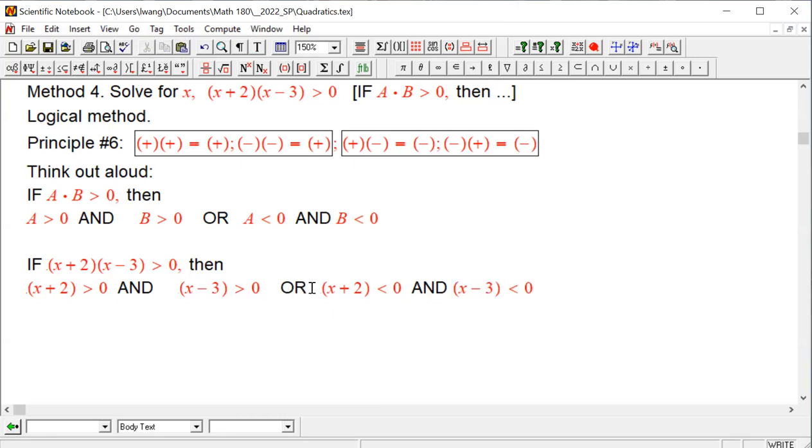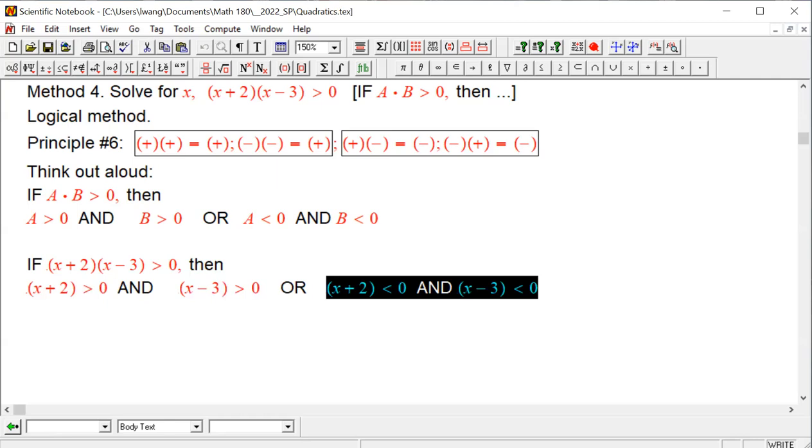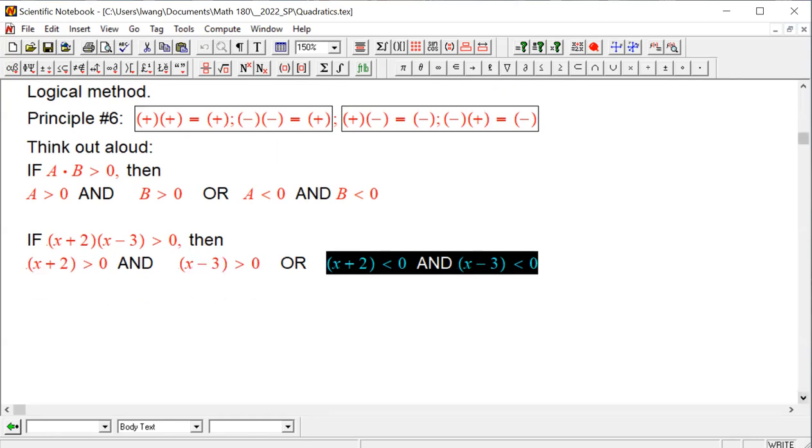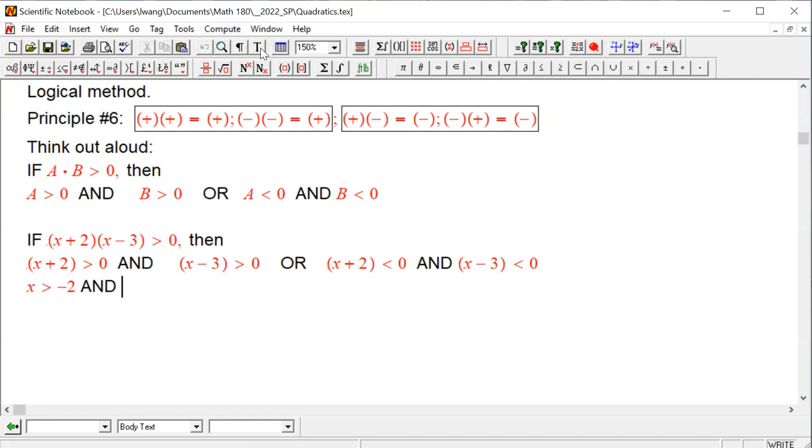Because they are separated by "or," you're basically solving this group and then you solve the other group separately. So we basically have two separate structures. On this side, I will get x larger than -2, and x is larger than 3.